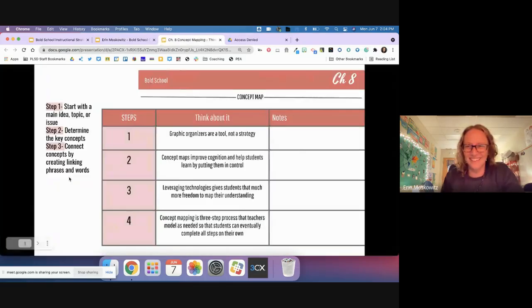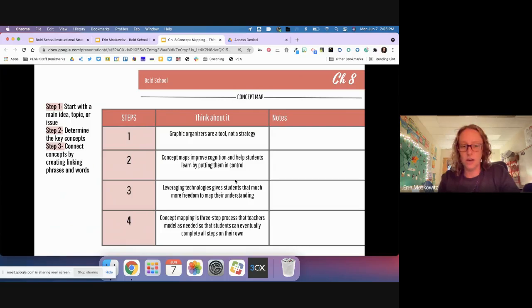There it is. Okay. So I just linked this think about it on there for chapter 8. It lists those 3 steps on the left side, and then some more ways to think about concept mapping as a strategy, because a lot of people think graphic organizers, yeah, that's my strategy, but graphic organizers really aren't a strategy, they're a tool.